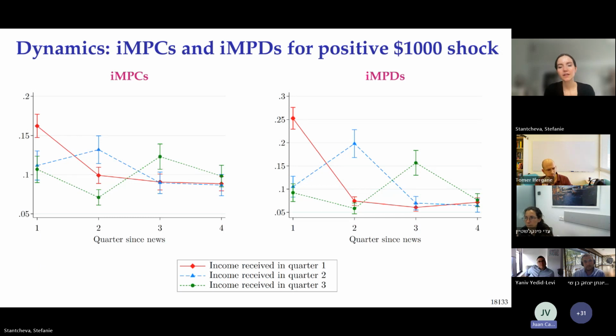I mean, your results can provide discipline to test some type of model. So is this consistent with a HANK model or with a permanent income type model? Can you talk about what your results provide?